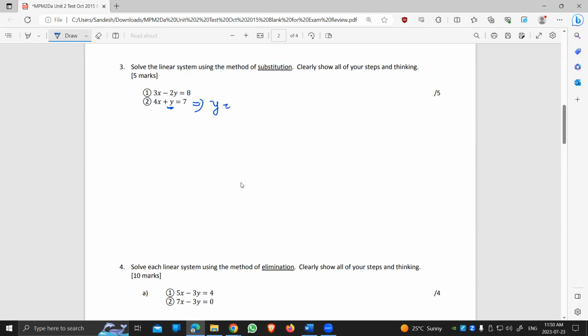y is going to be equal to 7 minus 4x. And then plug this in as y up here. So you get 3x minus 2 times (7 minus 4x) is equal to 8. How do we solve this for x? You open the brackets. If you open the brackets, what do you get?